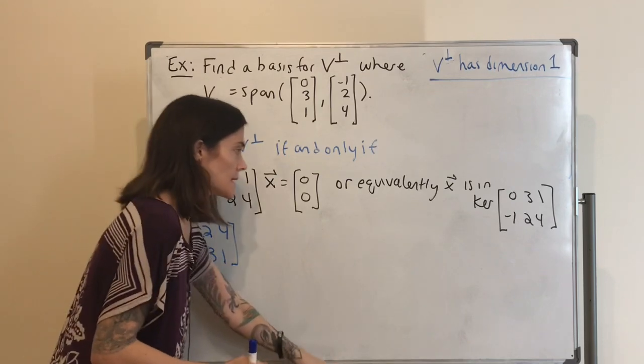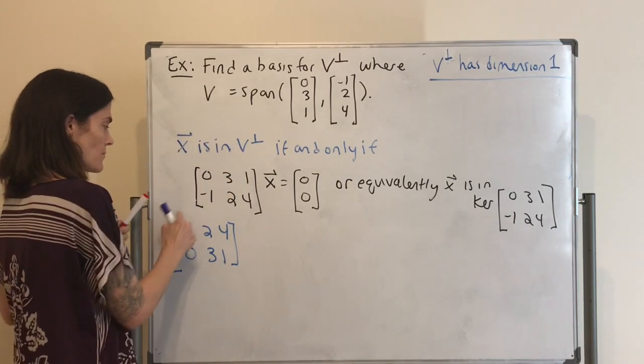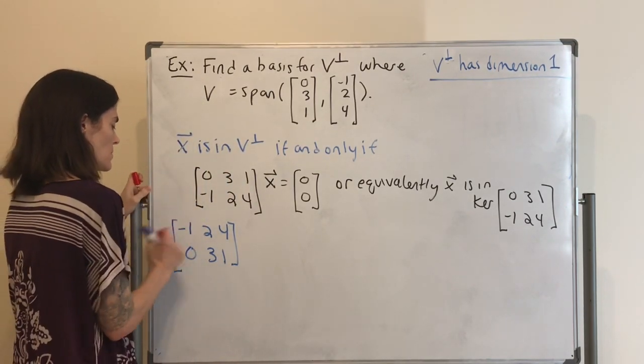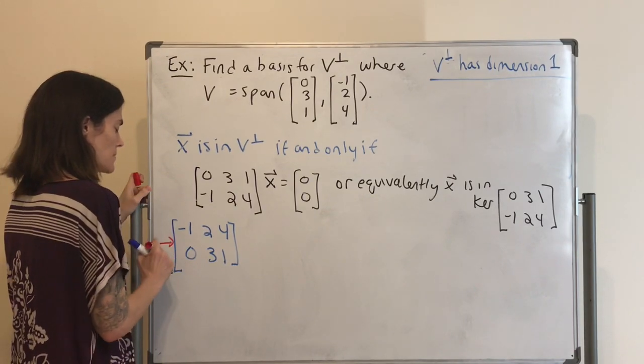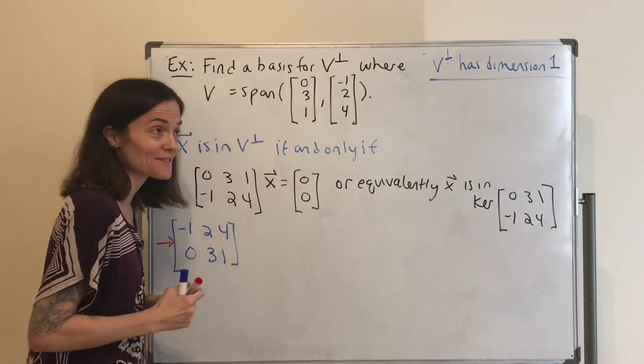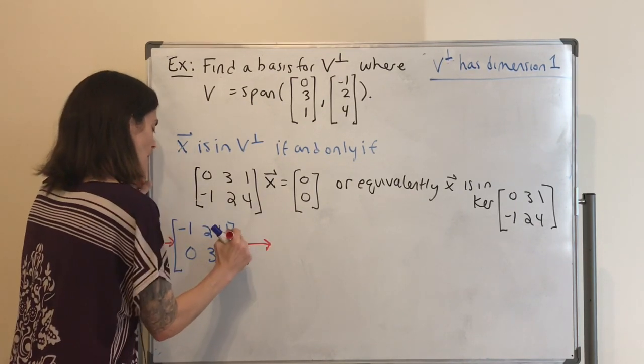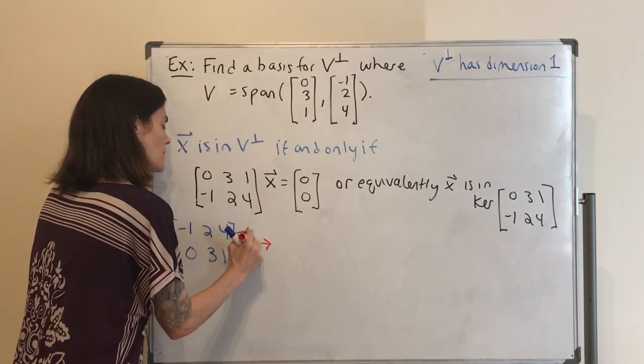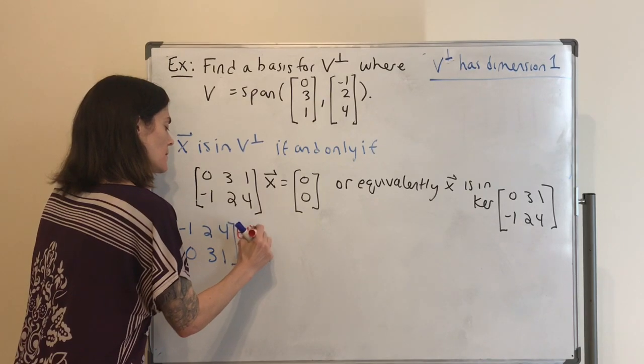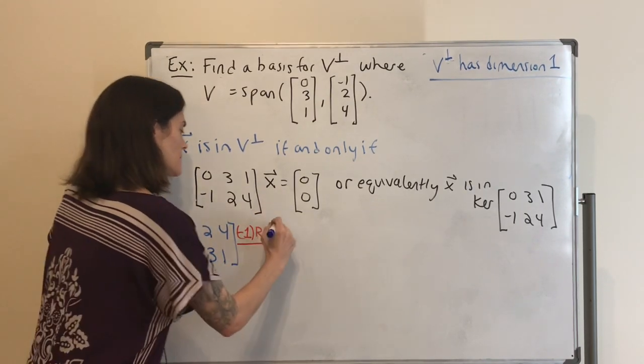I interchange row 2 and row 1. Now I'll do my first step that I write: I multiply row 1 by minus 1.